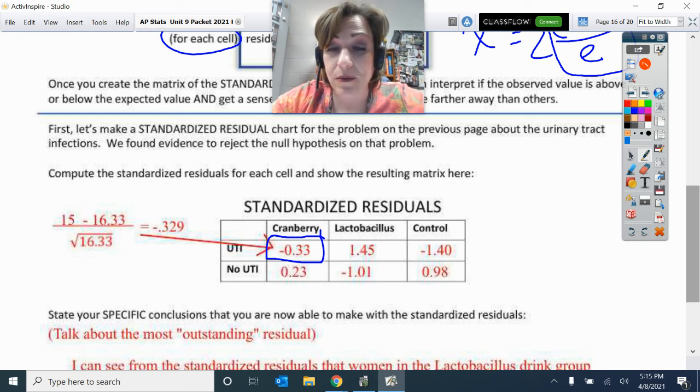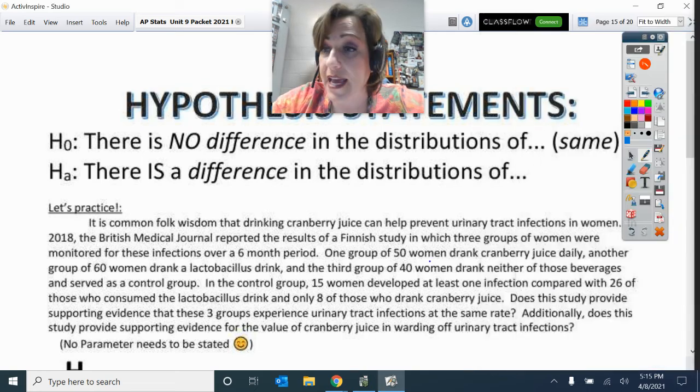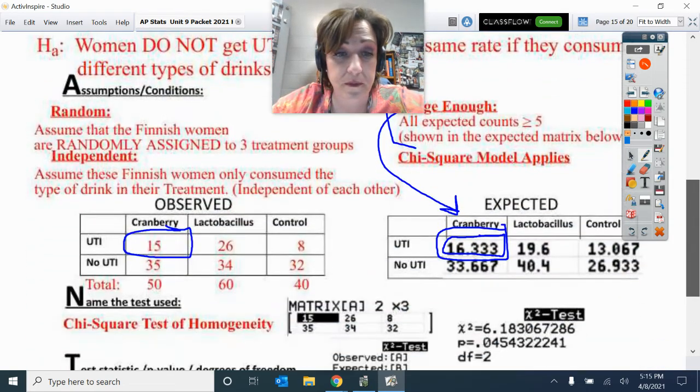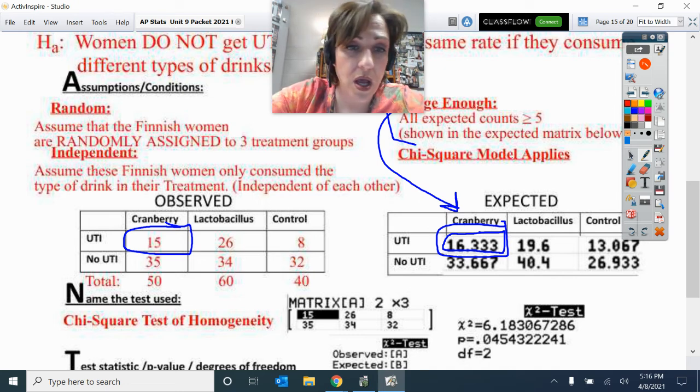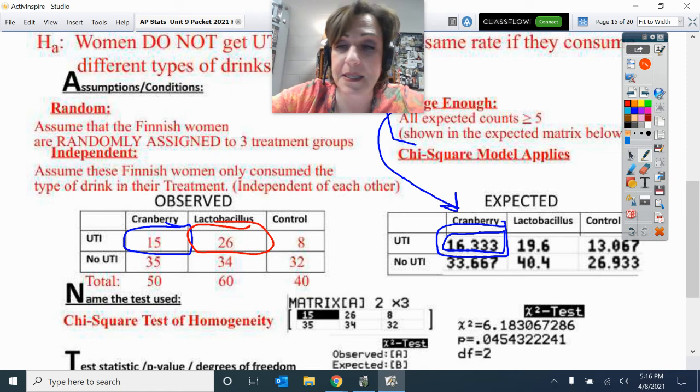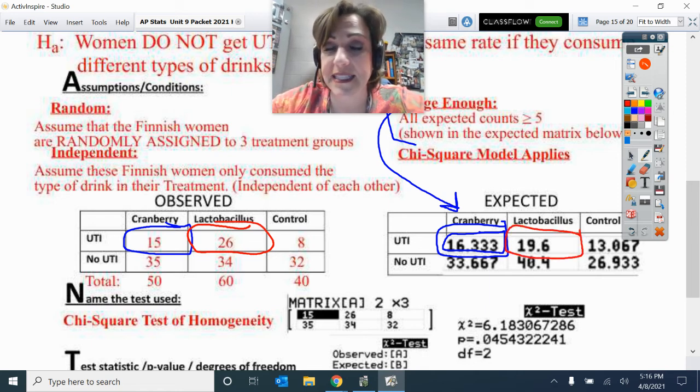Now, contrary to that, look at the lactobacillus one. Let's study that. I'll do this in a different color. I've got observed 26 minus expected 19.6, divided by the square root of expected.